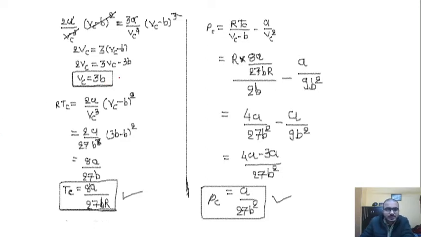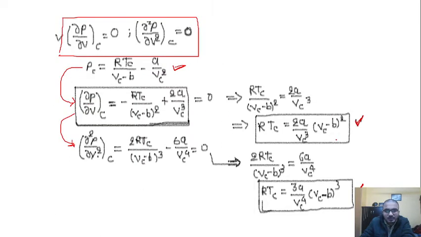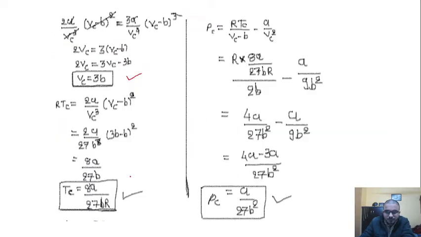Once we obtain this value of VC as 3B, we take this formula again, and we put the value of VC as 3B everywhere.